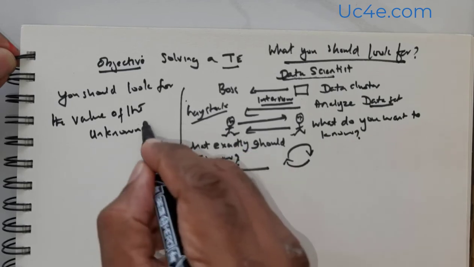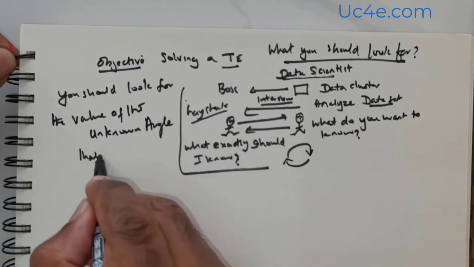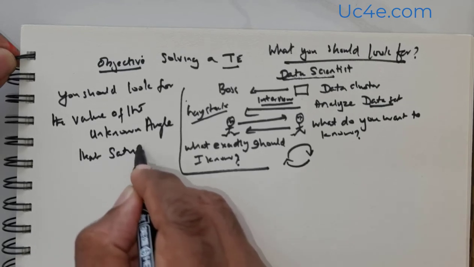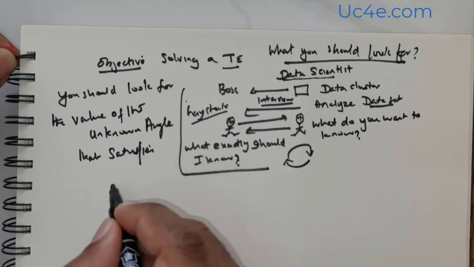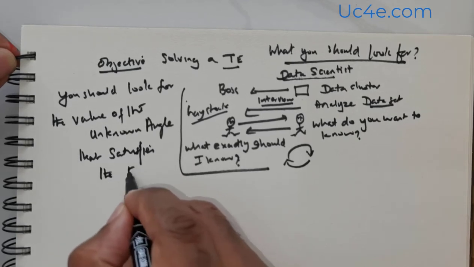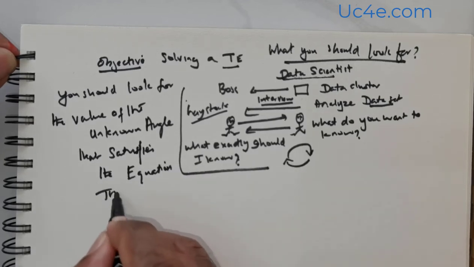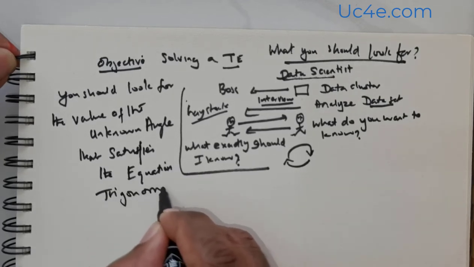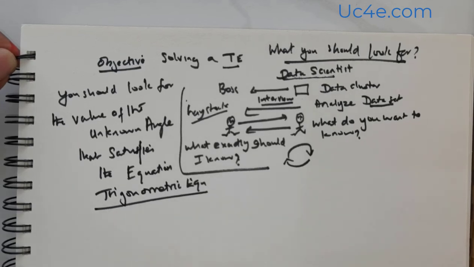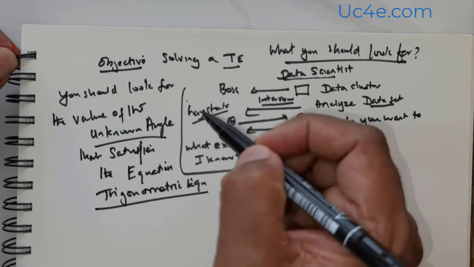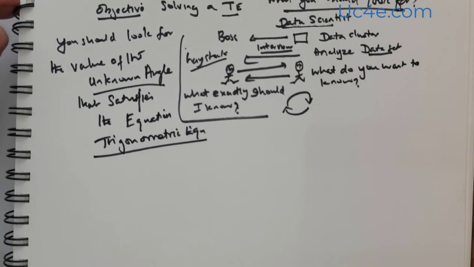What unknown? The angle that satisfies the equation. What equation? The trigonometric equation. So this is your objective: finding the unknown angle. So having mentioned that, let's move on.